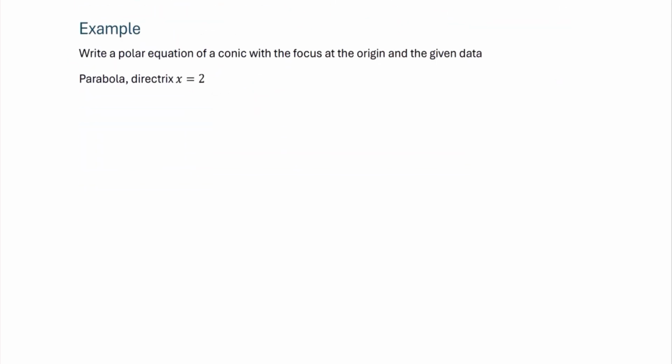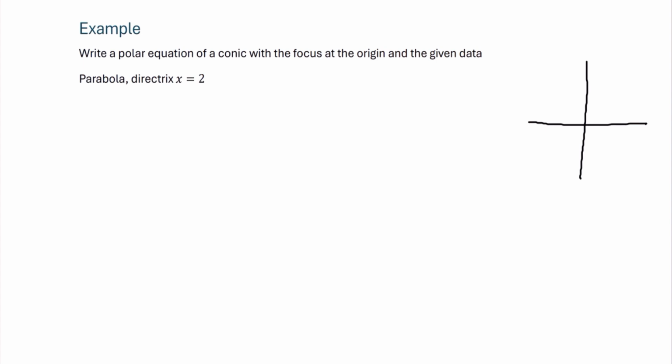In this example, we want to write a polar equation of a conic with the focus at the origin and the given data. We're looking at a parabola and the directrix is x equals 2. I personally like to draw a quick sketch off to the side just to give myself a visual.